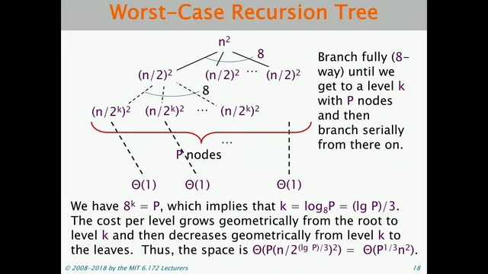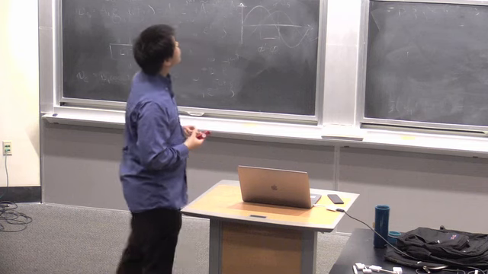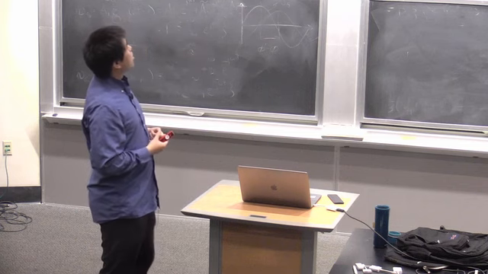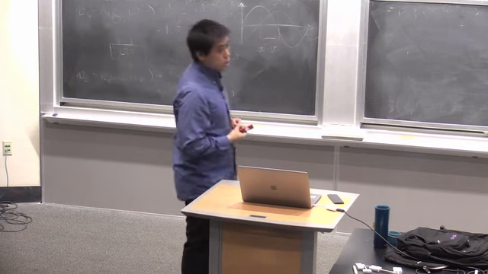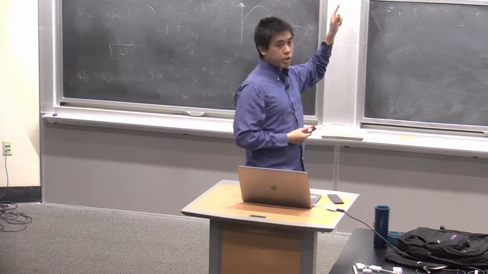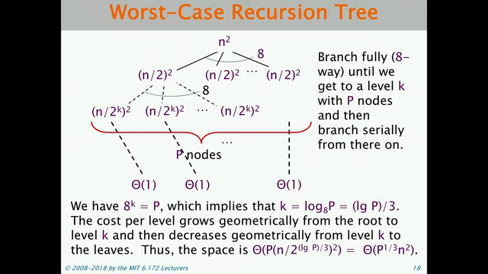During the Cilk branching, how do we know that the workers won't be split along the path of the recursion instead of across, like horizontally? Yeah, so you don't actually know that, but this turns out to be the worst case. So if it branches any other way, the space is just going to be lower.